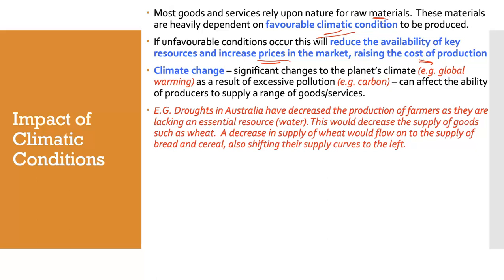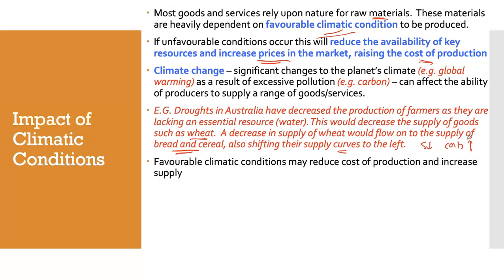And this would decrease the supply of goods that require water, like wheat. Now, if we think about what wheat is used in, it's used in many products like bread and cereal. So a decrease in supply of wheat could flow onto the supply of bread and cereal, shifting their supply curves to the left. The supply will go down because the costs of making bread have gone up. There is less incentive to make them as a product.